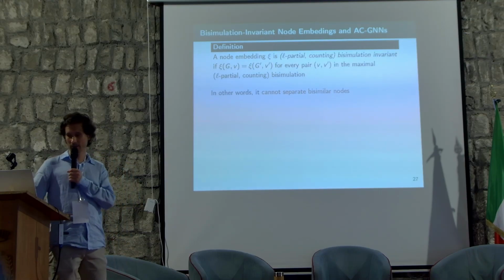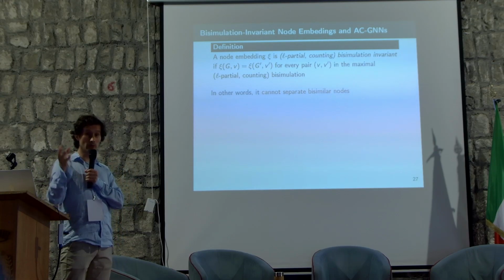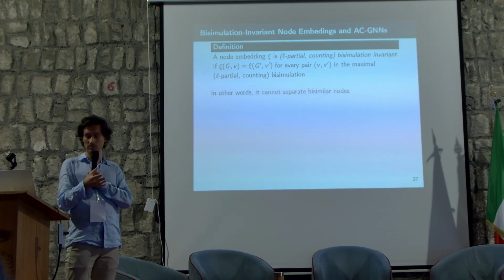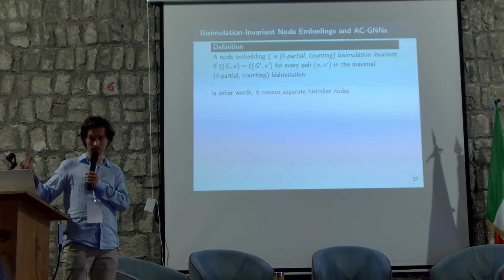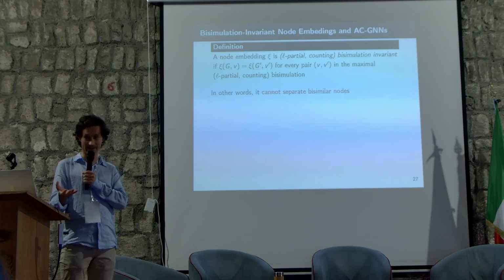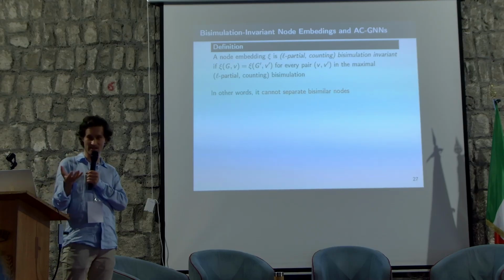Nonetheless, before going to the result, now looking at node embeddings, meaning functions on nodes in graphs, we can say that a node embedding is bisimulation invariant. This simply says that it can't separate bisimilar nodes.